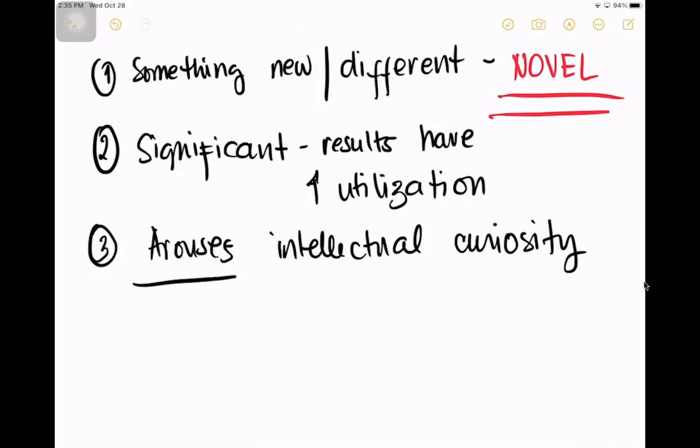So this is really interesting because if your topic arouses intellectual curiosity, you are engaging more people to learn about the results of your study. And when that happens, you're not only informing or educating a lot of people, but you're also exposing your study for further studies in the future. So it's like selling your research in the market, something like that.